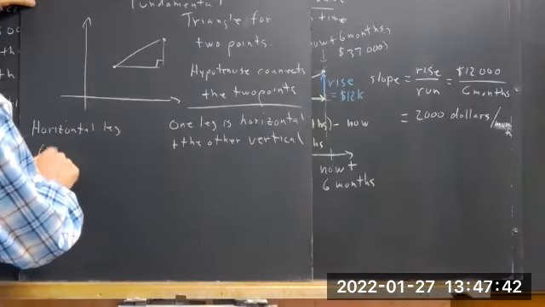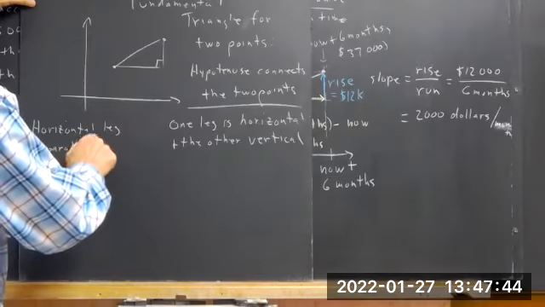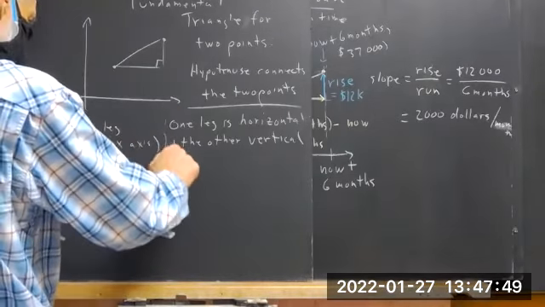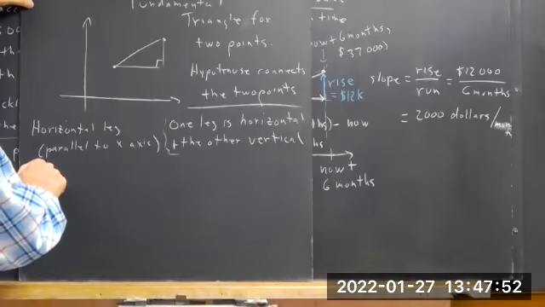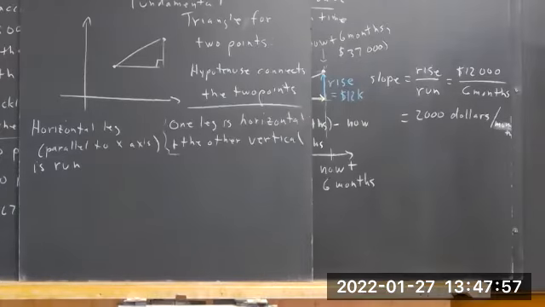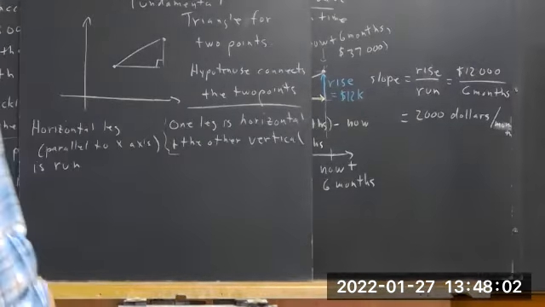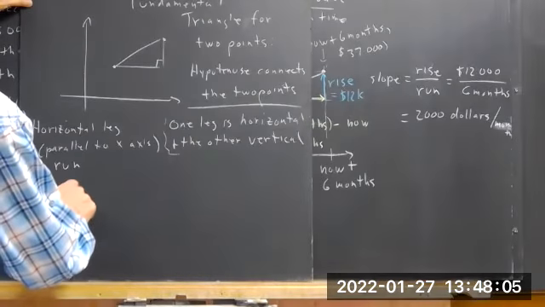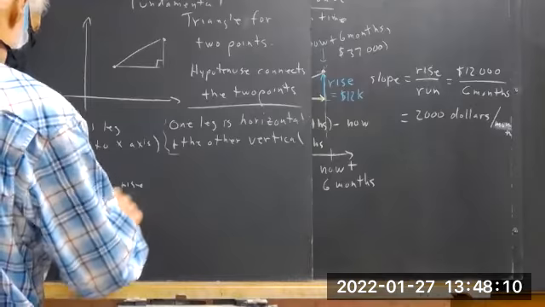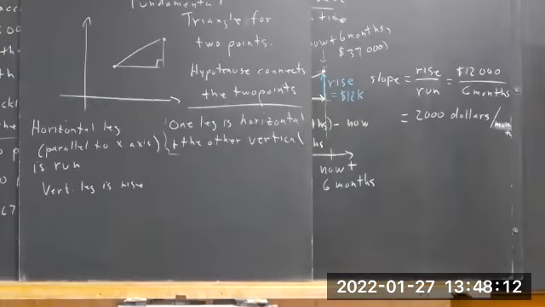Horizontal leg, which is parallel to the x-axis. Okay. It's a right. Sort of, there's a little qualification on that. We'll get to that in a minute. The vertical leg is the rise. You have to be a little bit careful because you have to have a direction.